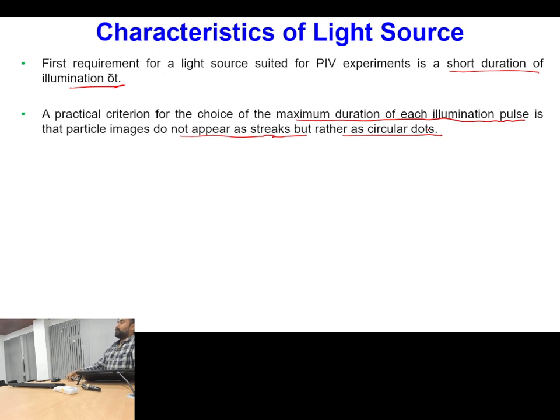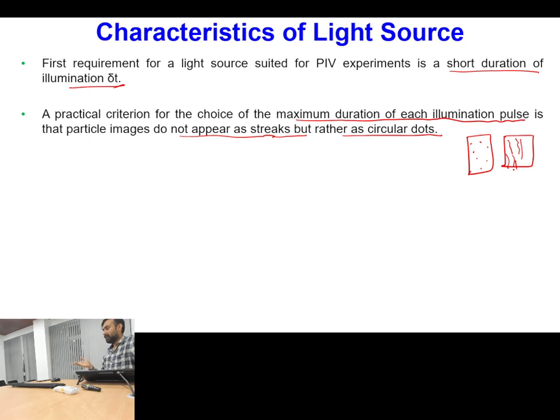If you keep your light continuously on and capture with a high speed camera, the frame rate of the camera will be fast, and if your illumination is continuous, instead of getting the individual particle locations, your frames will be like streaks.